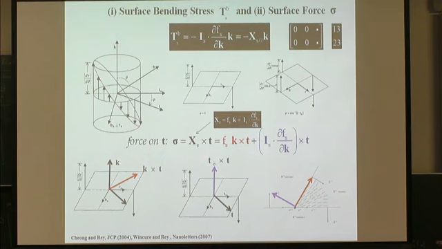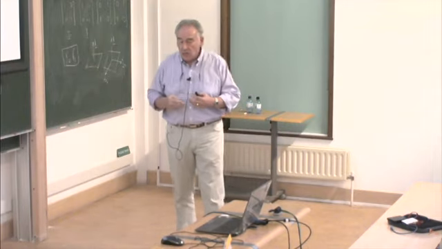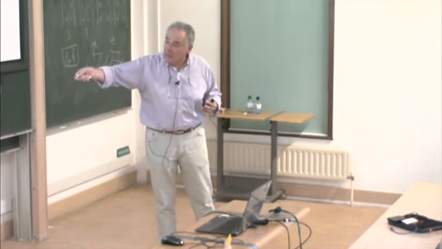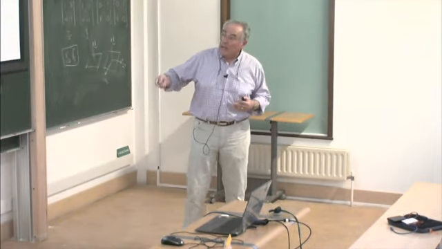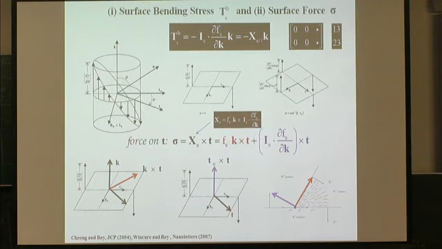The simplest possible, more revealing way is to use this Cahn-Hoffman capillary vector to compute the force on a unit tangent T. So this is T, this is the unit normal, and you want to know how to compute the force on this T. And to compute the force on a unit tangent, you just take the cross product of the capillary vector with T.